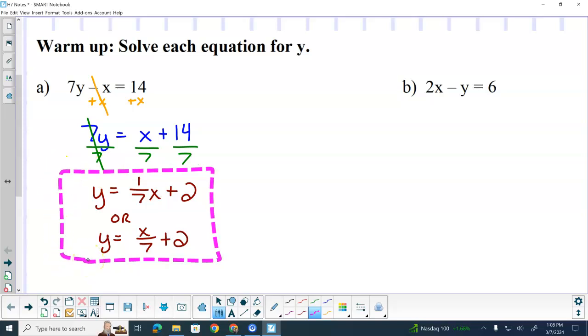Yes? Jake, first. Moving first. Subtract what? How many X's? 2 X's.